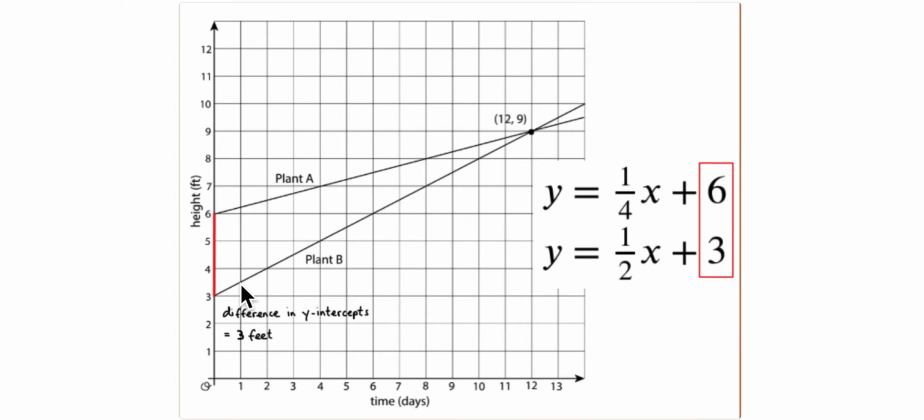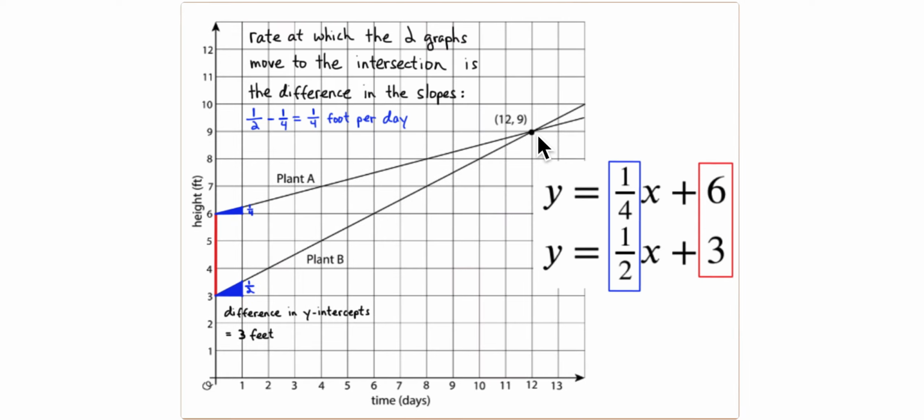So plant B is growing faster, so it's gaining on plant A. And how long does it take for plant B, in essence, to catch plant A? Well, they're growing at different rates. Plant B is growing at 1/2 of a foot each day, so it gains 1/2 of a foot each day on plant A, but plant A at the same time is growing 1/4 of a foot each day, so that's farther from plant B each day by 1/4 of a foot.